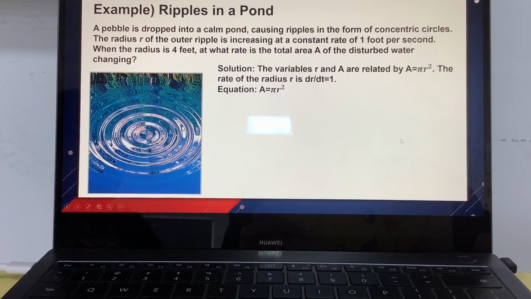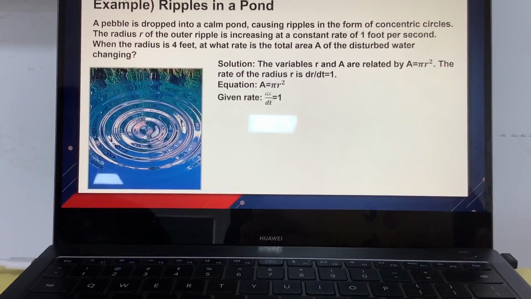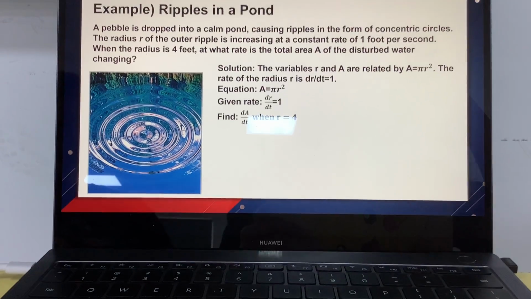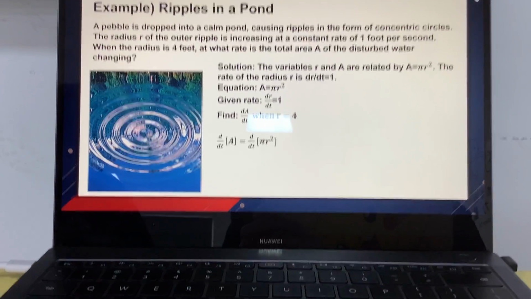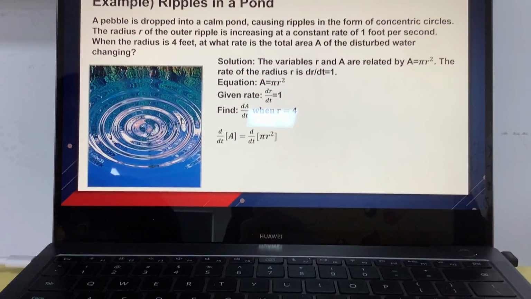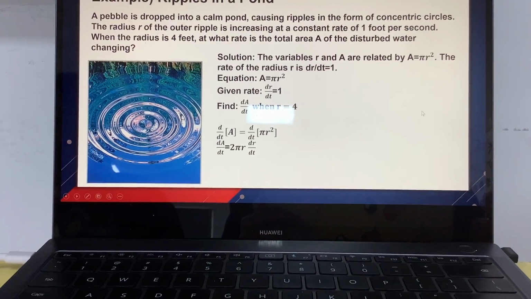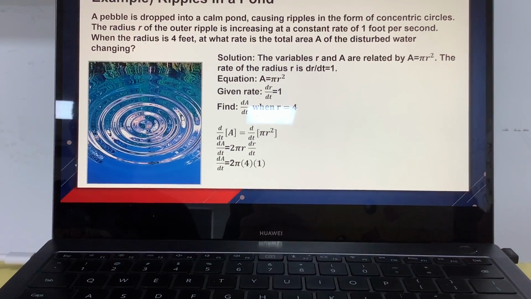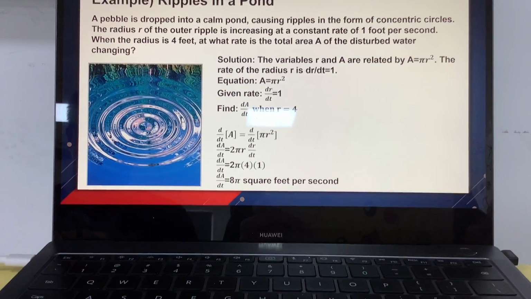So in this question, we need to use the equation A equals pi r squared, and the given rate is dr over dt equals 1. So what we should do is find dA over dt when r equals 4. So d over dt of the area equals d over dt of pi r squared. So dA over dt equals 2 pi r dr over dt, and dA over dt equals 2 pi times 4 times 1, which equals 8 pi square feet per second.